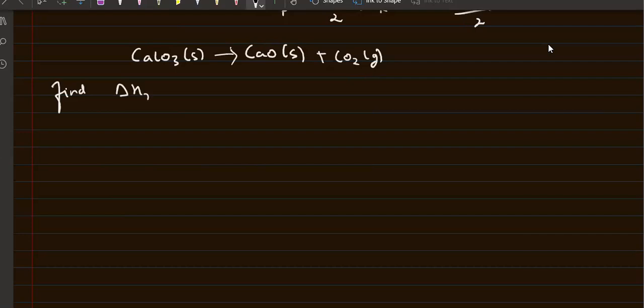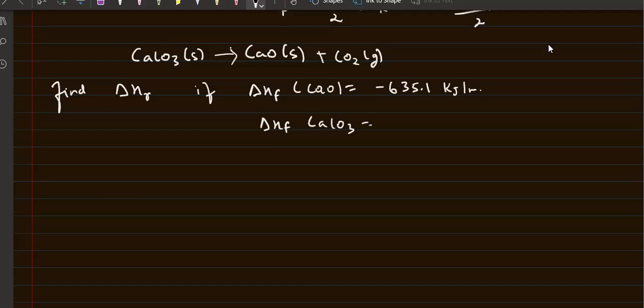delta H of the reaction if I have given you delta H formation of CaO equal to minus 635.1 kilojoule per mole, delta H formation of CaCO3 is given as minus 1206.9 kilojoule per mole, and delta H formation of CO2 is given as minus 393.5 kilojoule per mole, right?